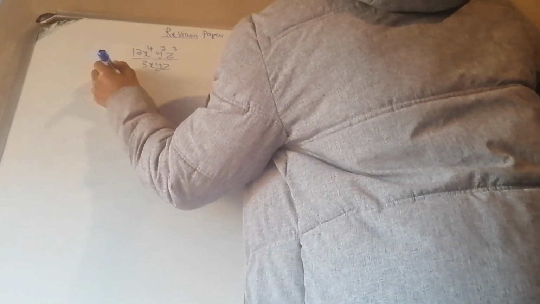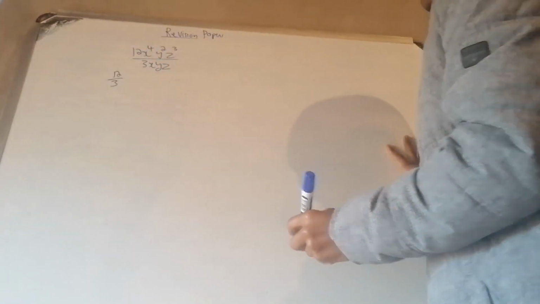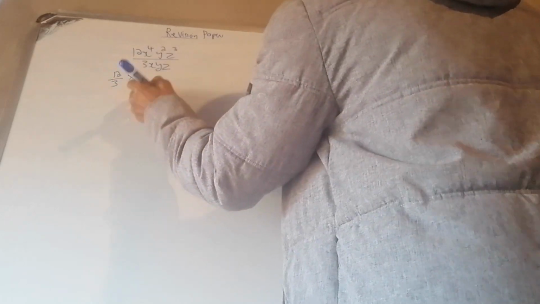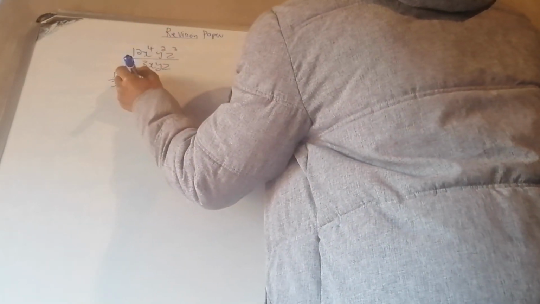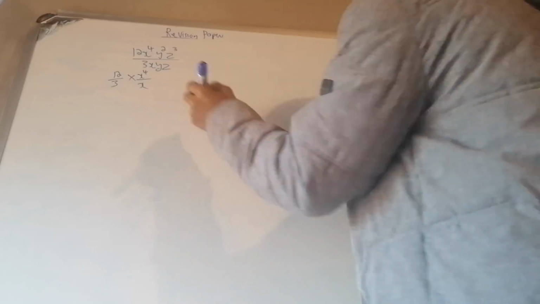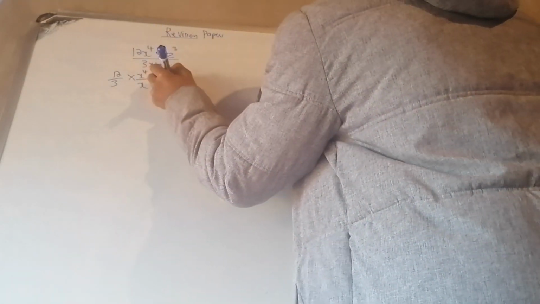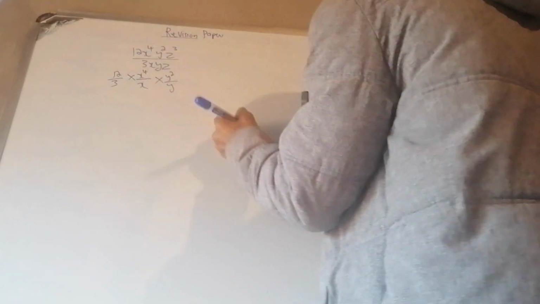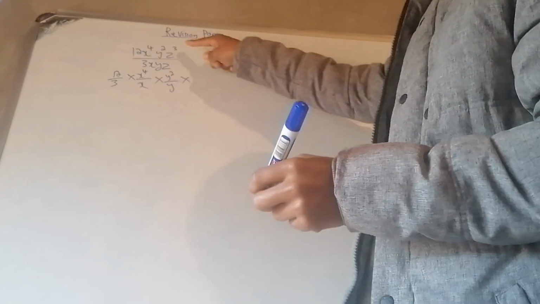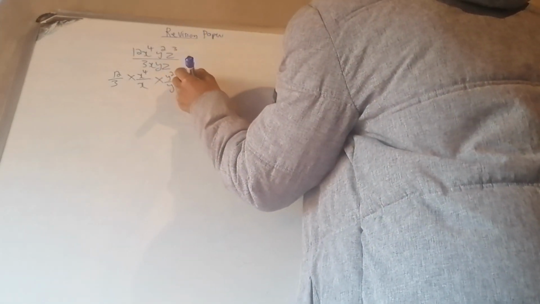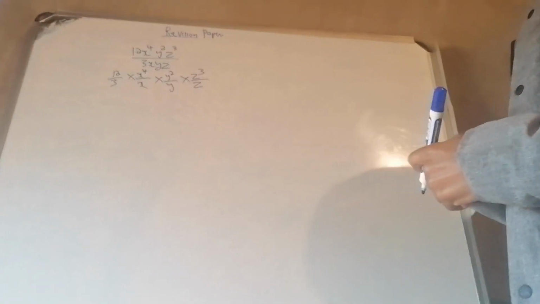We start with number by number, 12 divided by 3. Then x4 divided by x, multiply y squared divided by y, multiply z cubed divided by z.